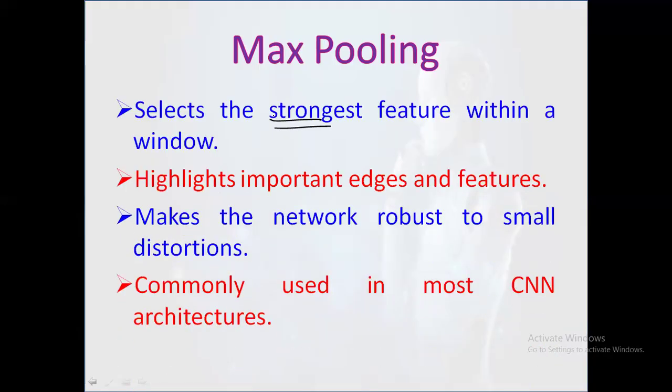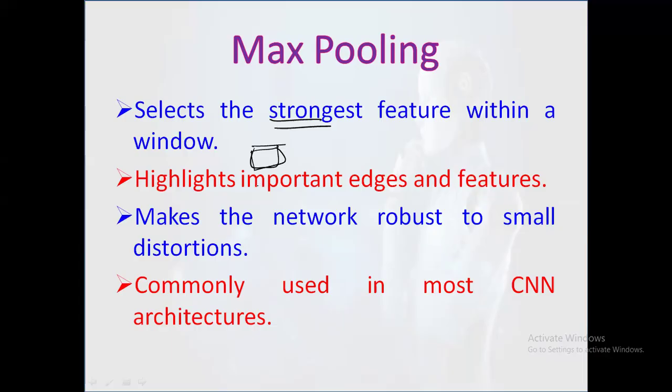And next, this is very effective, and strong responses represent important patterns such as edges and corners. By focusing on the strongest signal, maximum pooling maintains salient features while discarding weaker, less useful information.